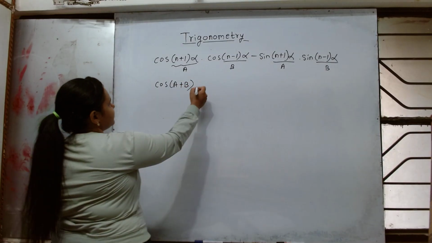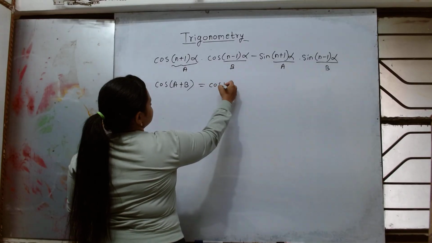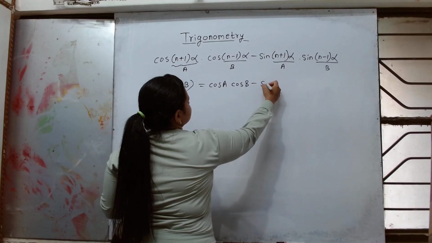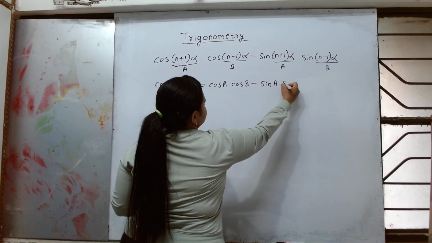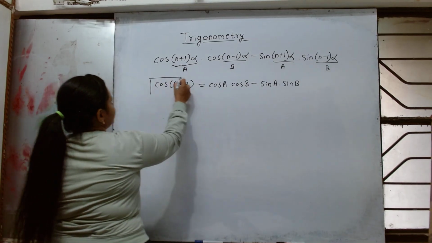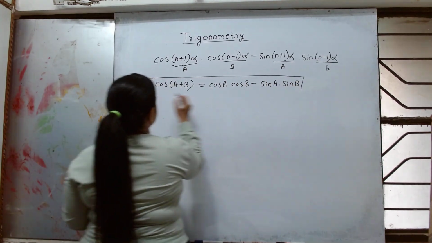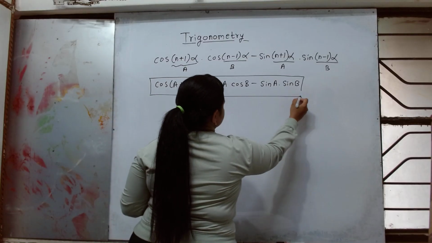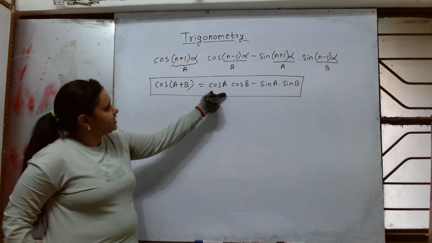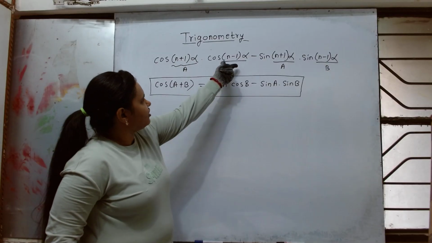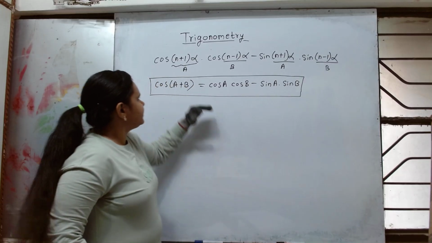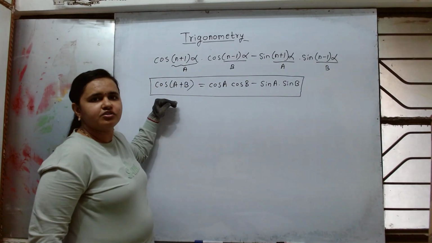It was cos a cos b minus sin a sin b. It was the formula we had just written. So here it is seen as cos a cos b minus sin a sin b, so we can write this in the form of cos(a+b).